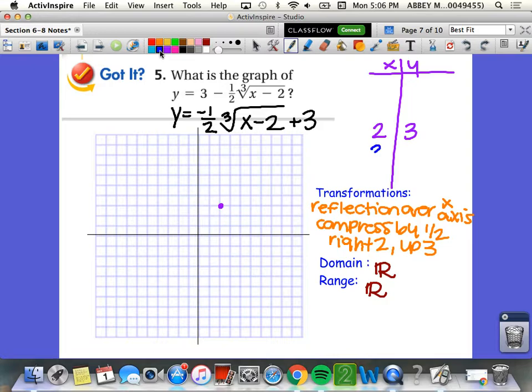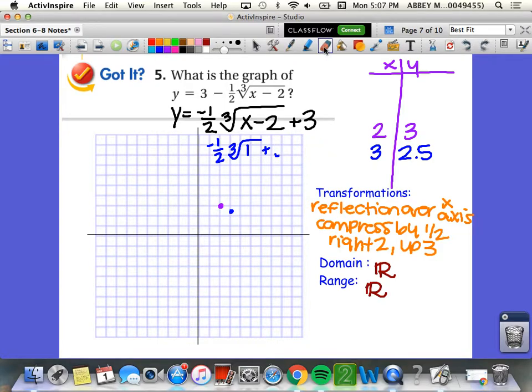It will take a 3 to make that go to +1. So from here, you have -1/2 times the cube root of 1 plus 3. That gives me -1/2 plus 3. That gives me 2.5. So I'm going to come over here at 3. I'm going to go up 2.5.